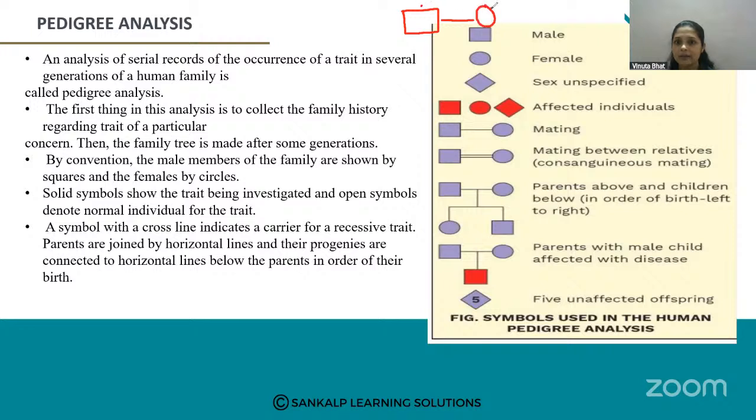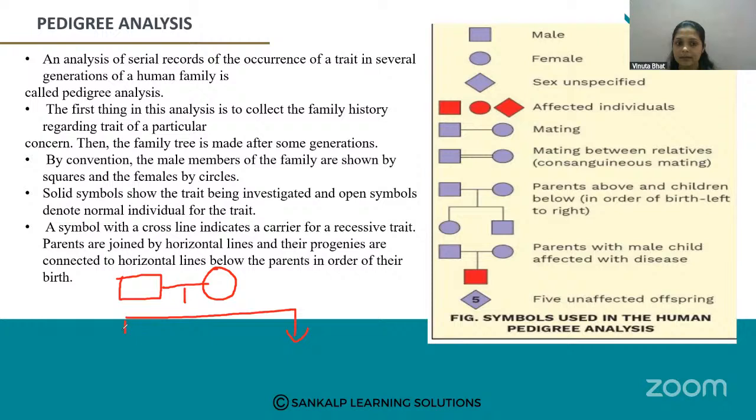Grandfather and the grandmother, they have the children. So just imagine grandfather, grandmother, and they have 4 children.